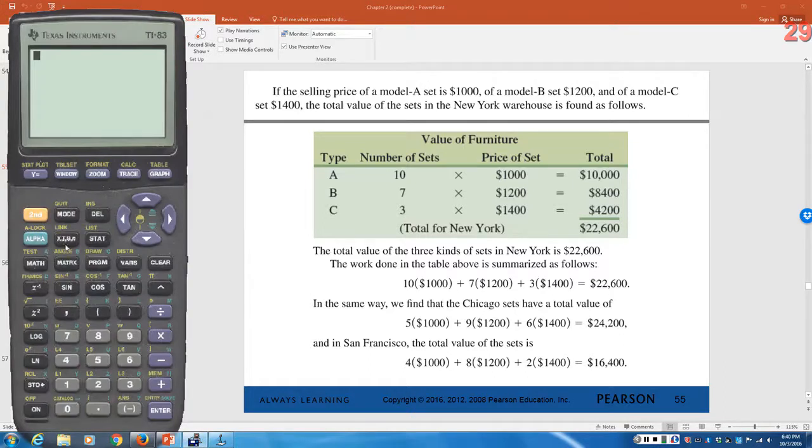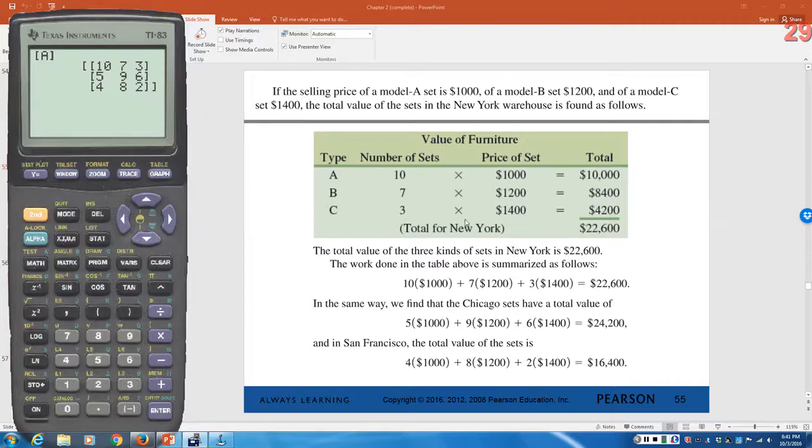So we have a matrix that tells us what is in each warehouse of each pair of sets. And a Model A set is $1,000, a Model B set is $1,200, and a Model C set is $1,400.